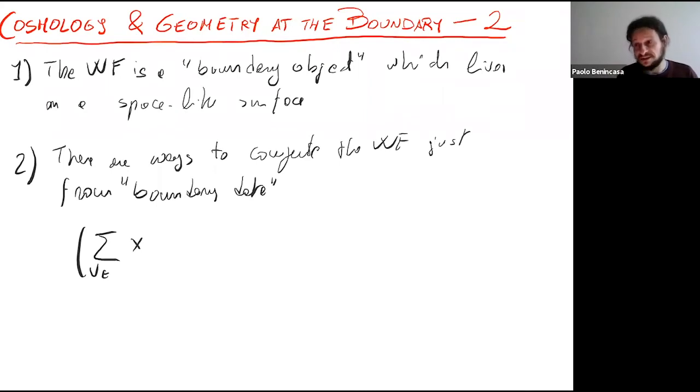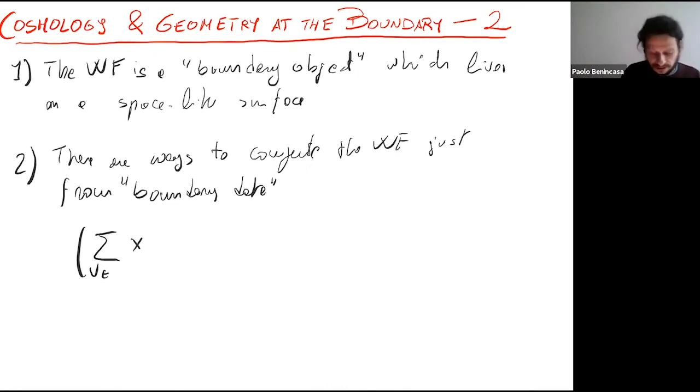We can study that object and try to extract as much information as possible from it. This information will have a universal feature in the sense that it's going to be common at least to some large class of models.